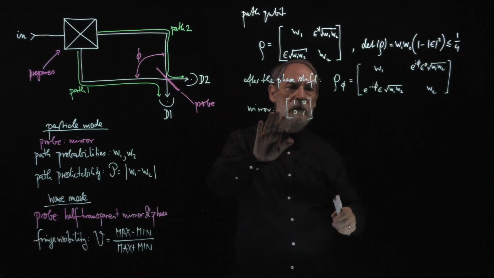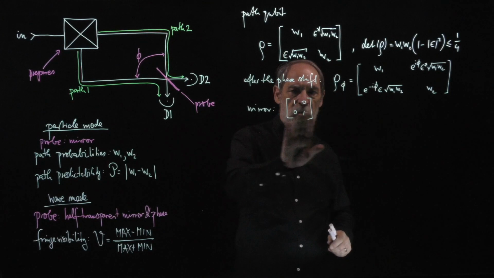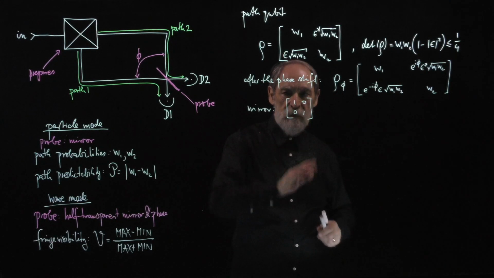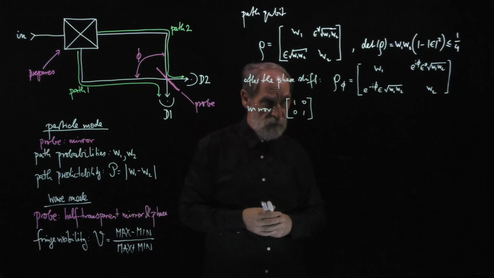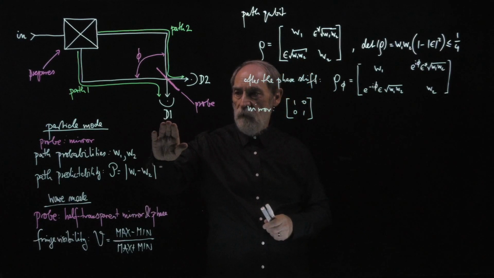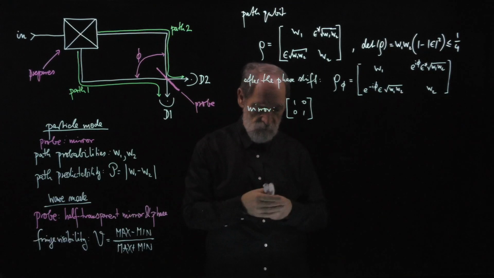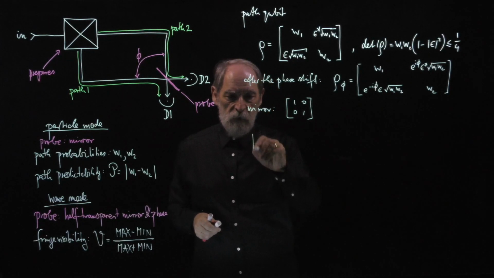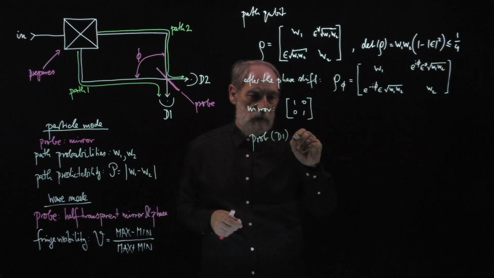And so if we incorporate the effect of the mirror, then we would multiply this rho phi from the left and from the right by the same identity matrix, and it would just be still the rho phi. And now we are looking for the probability for detector 1 and the probability for detector 2. And so we pick out those matrix elements.